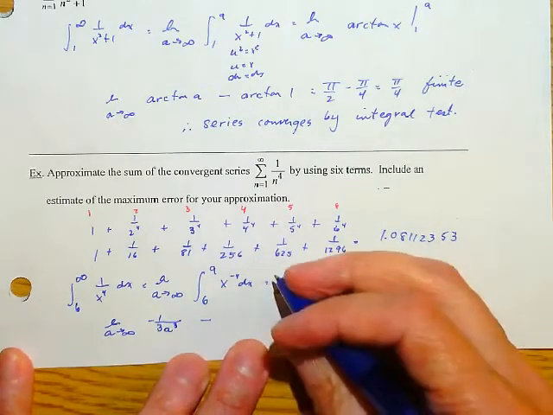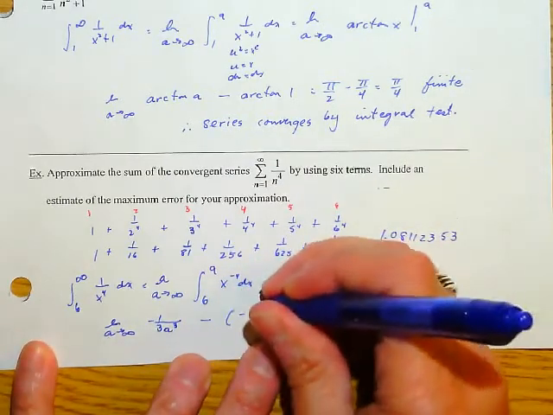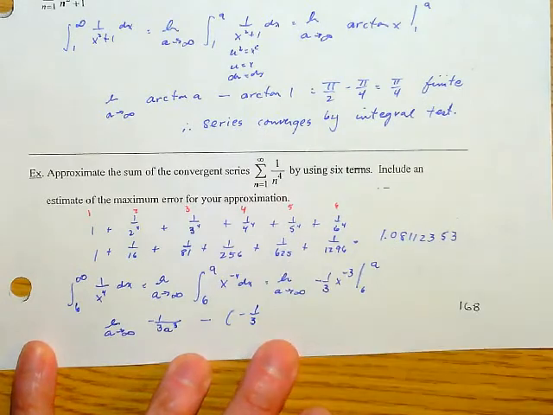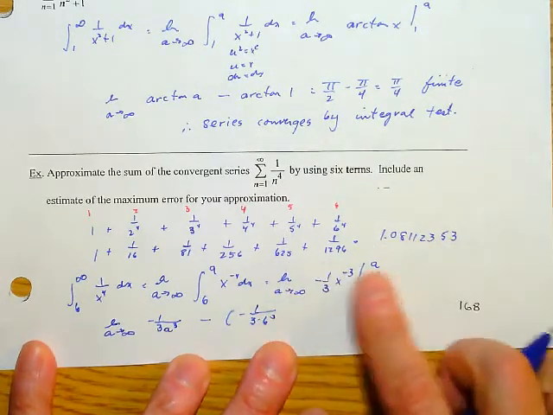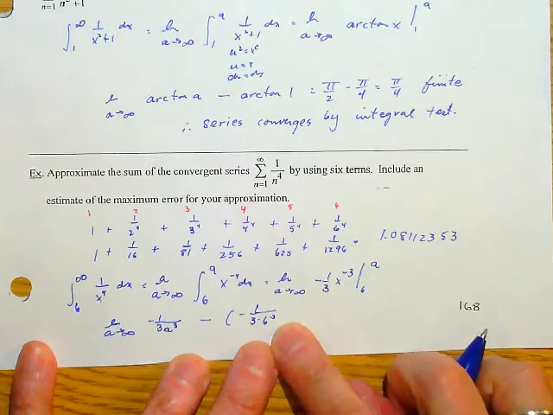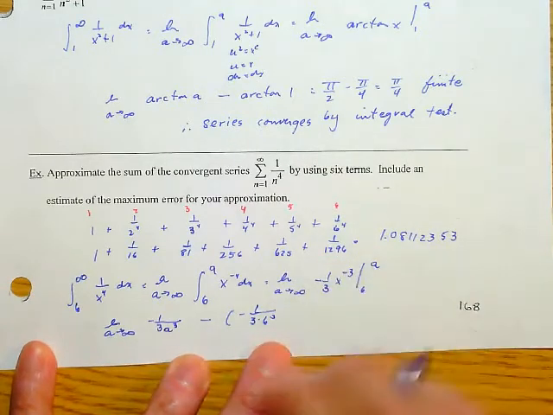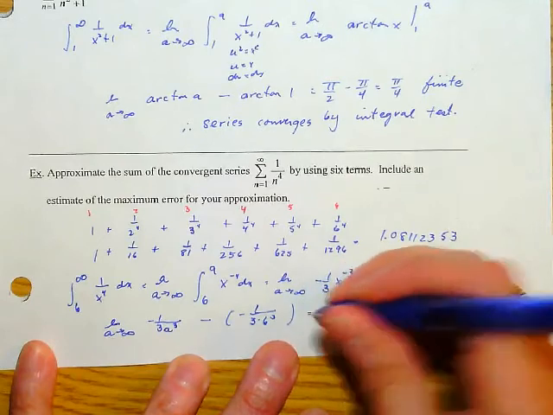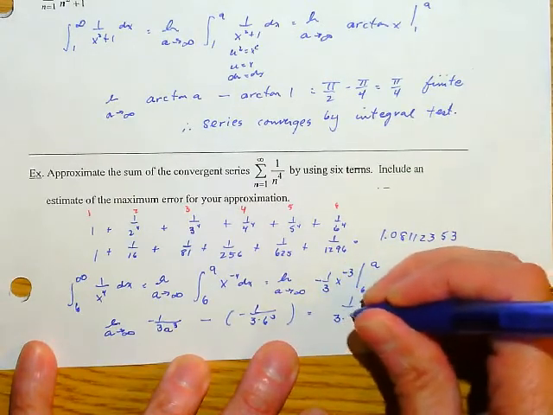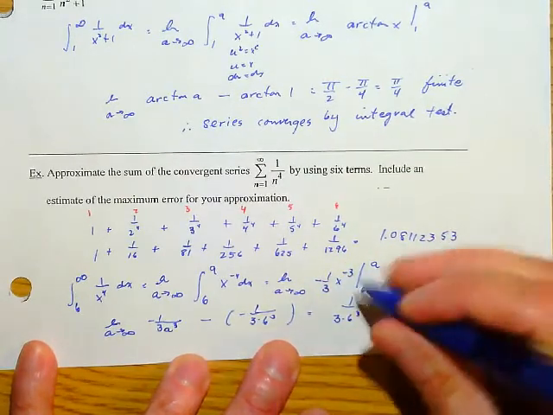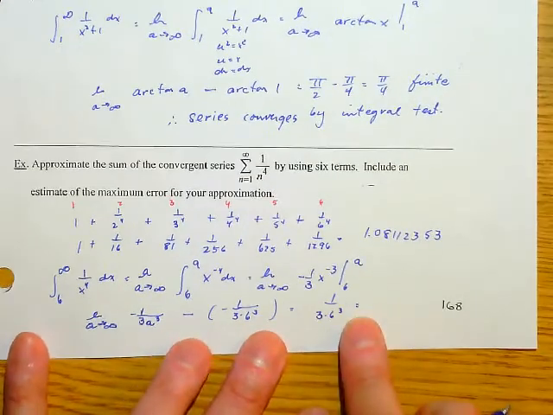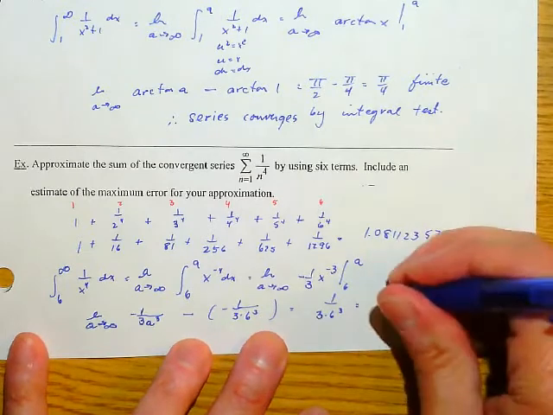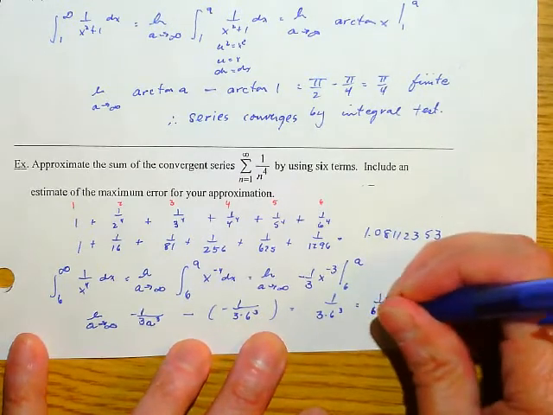Minus negative 1/3, 6 to the 3rd. And again, since we've got that as a negative exponent, I'm just going to move that down, 6 to the 3rd there. So minus would be 1 over 3 times 6 to the 3rd. And this would be fine if you left that as your answer, but if you had a calculator, you could clean that up. 1 over 648.